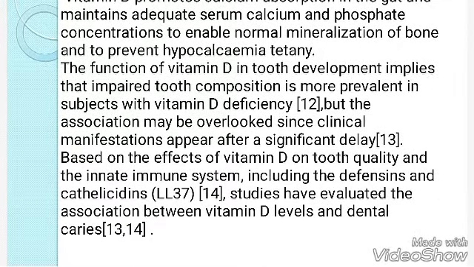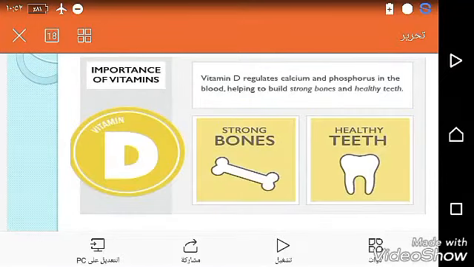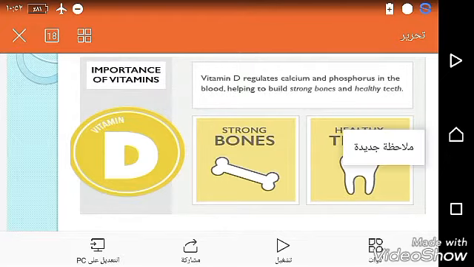The function of vitamin D in tooth development is that impaired tooth composition is more prevalent in subjects with vitamin D deficiency, but the association may be overlooked since clinical manifestations appear after significant delay. This is based on the effect of vitamin D on tooth quality and the innate immune system. Vitamin D helps build strong bones and healthy teeth.